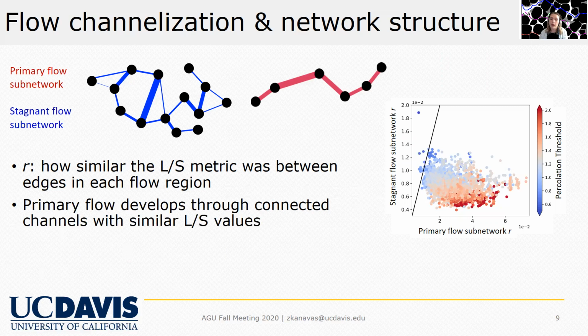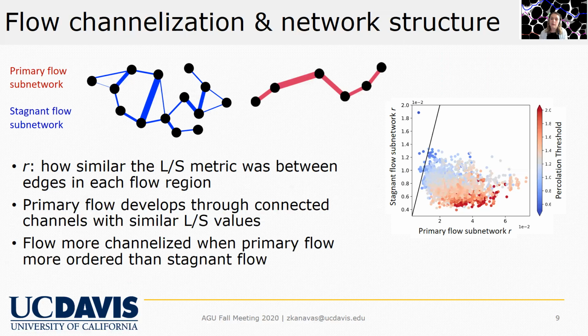This indicates that primary flow develops through connected channels with similar L over S values. This contrast increases with percolation threshold, indicating that flow becomes more channelized when the primary flow subnetwork is more ordered than the stagnant flow subnetwork.